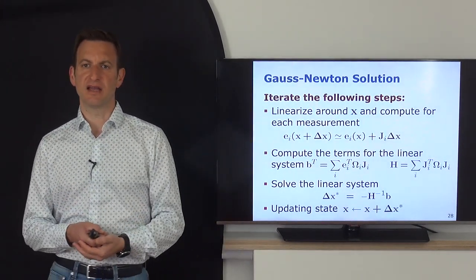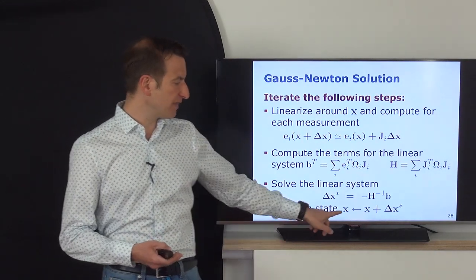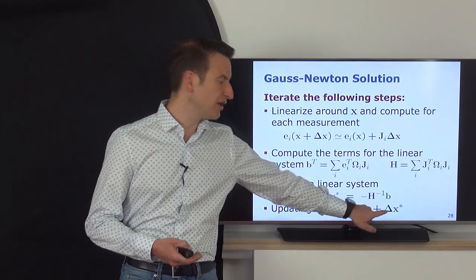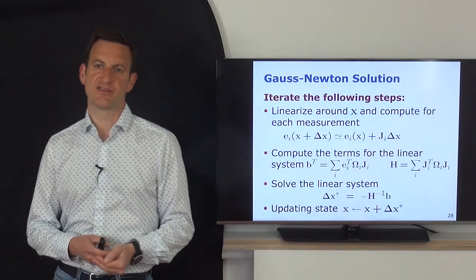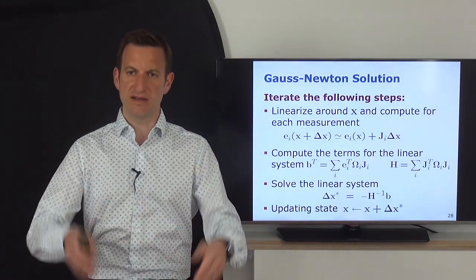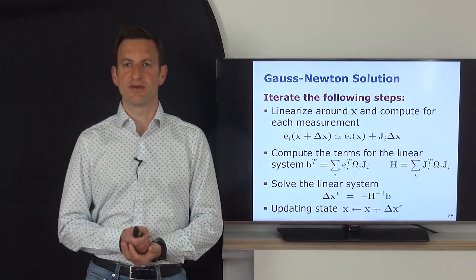This gives us the elements for our linear system, and we solve this linear system and then say our new x, our new initial guess, is the old initial guess plus the delta x star that I computed. And this is an iterative approach. I'm iterating this until all those delta x are basically 0 or very close to 0.